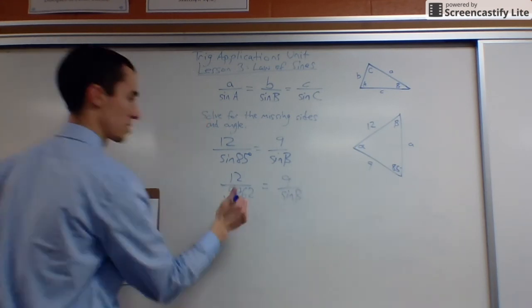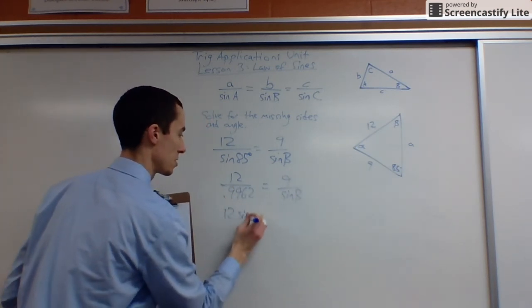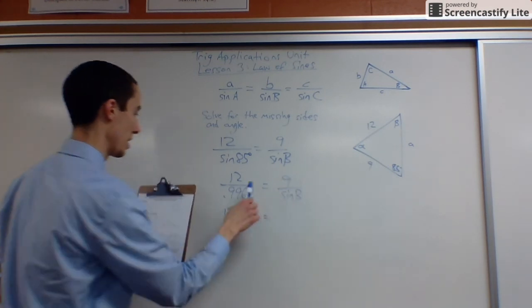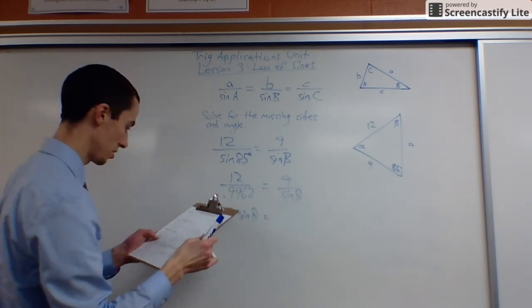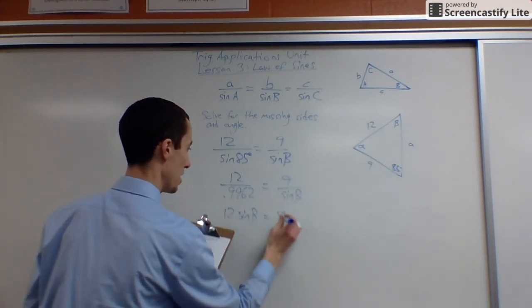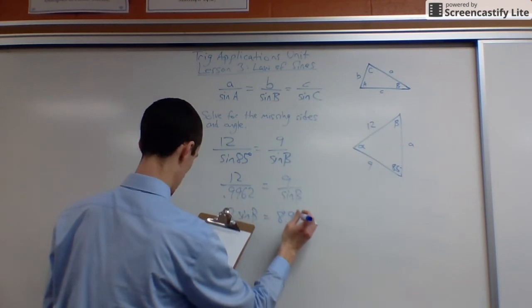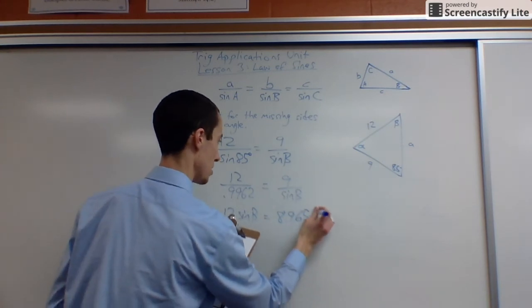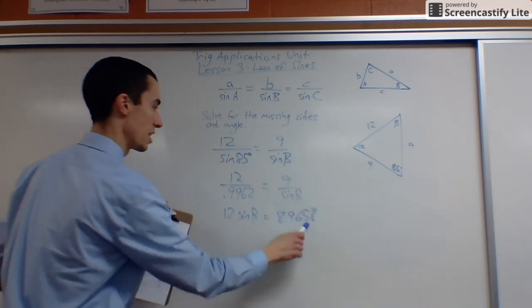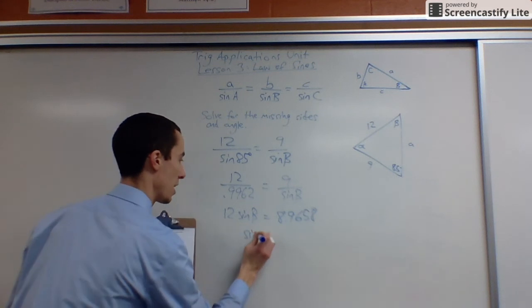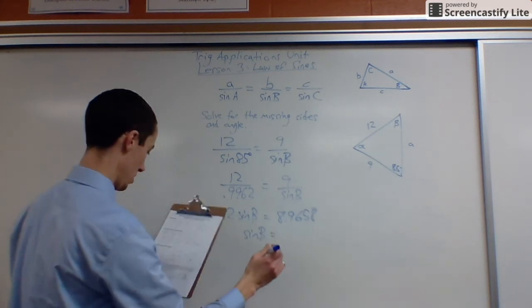And then cross products, 12 times the sine of beta, 9 times 0.9962 is going to be 8.9658. Divide both sides by 12. We got the sine of beta equals 0.7472.